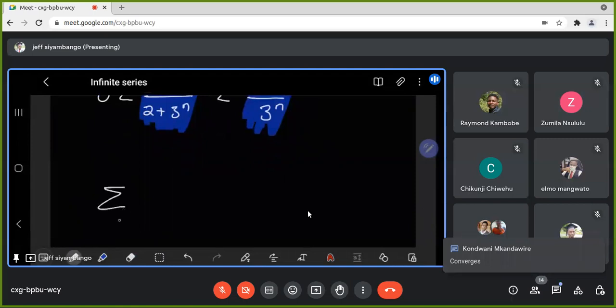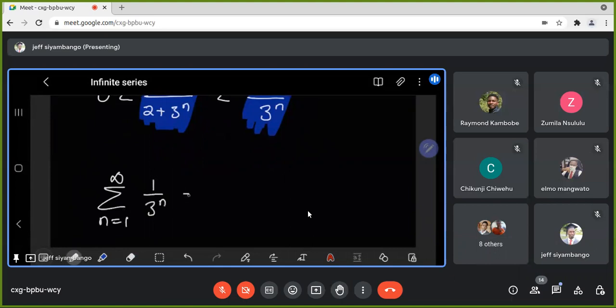But as a geometric series, we have the sum from n equals 1 to infinity of 1 over 3 to the power n. Just like in the earlier example we did under geometric series, we see that this is the same as the sum from 1 to infinity, where the value of a is 1, and the value of r becomes 1 over 3.